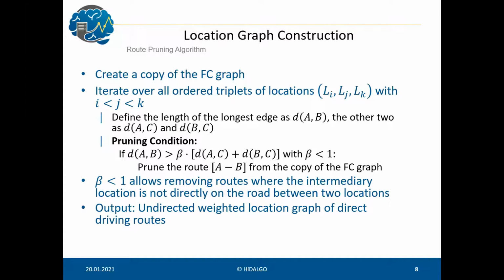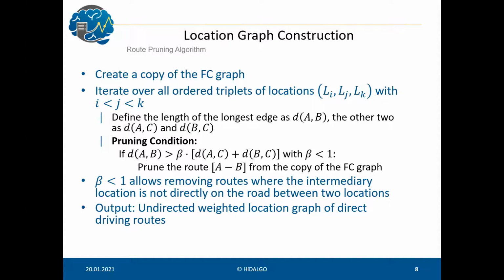We would eliminate this route from the fully connected graph if we did it manually, but the algorithm would not detect it, such that with this beta being smaller than 1, we are relaxing the condition of the triangle inequality and can remove routes in these instances. And when we are done with iterating over all ordered triplets of locations, the output is then the undirected weighted location graph of direct driving routes, exactly what we want to have.